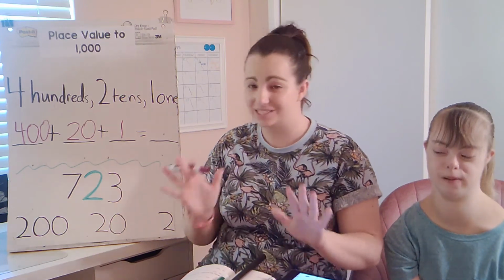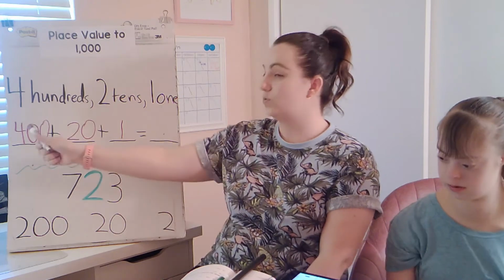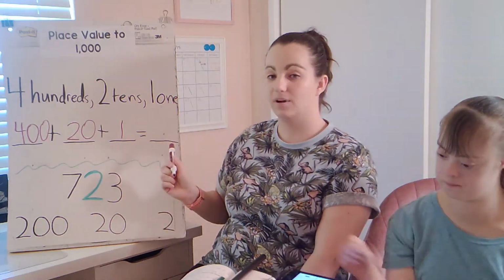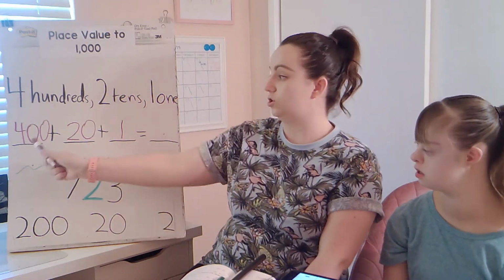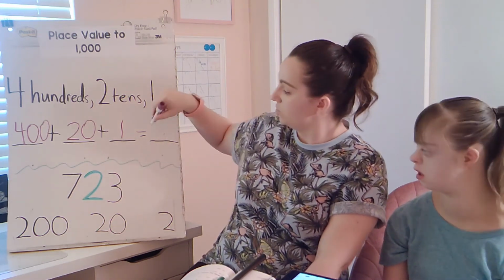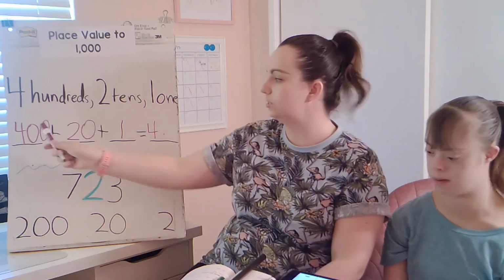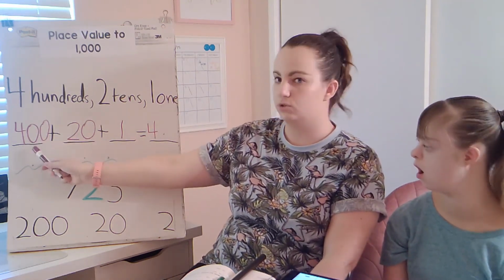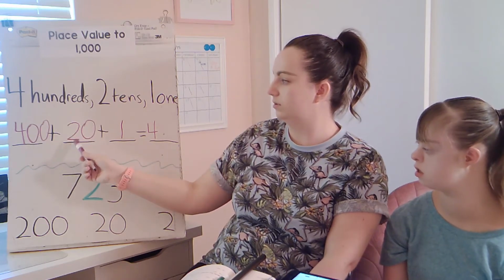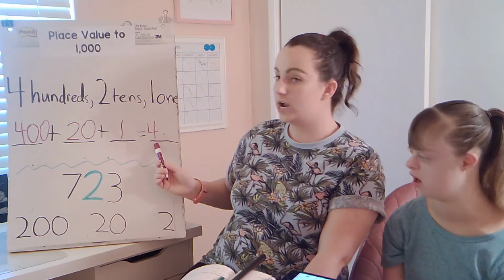Okay, pause this if you need to. Let's go ahead and check your answer. You would put that expanded form together into the final number. So you would write in the hundred spot way over here on the left that you have 4 hundreds. I'm not writing the zeros though because those are going to be shown in the tens and the 1 spot over here. 420.